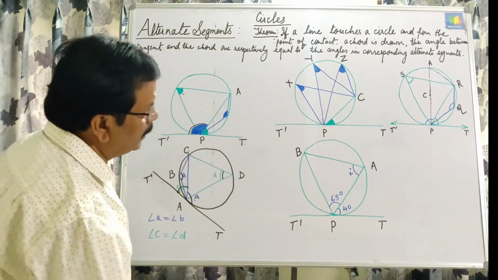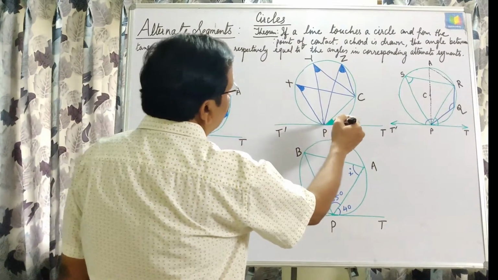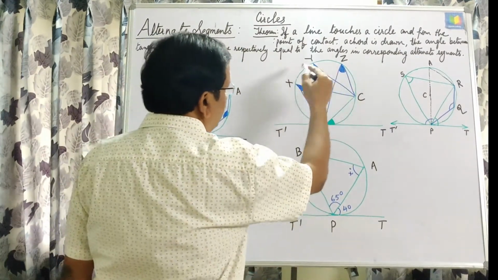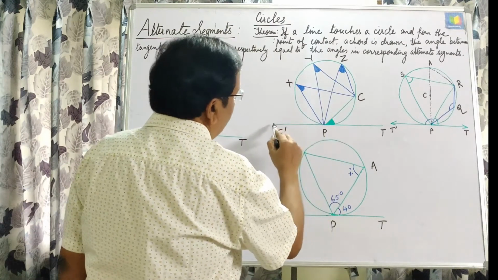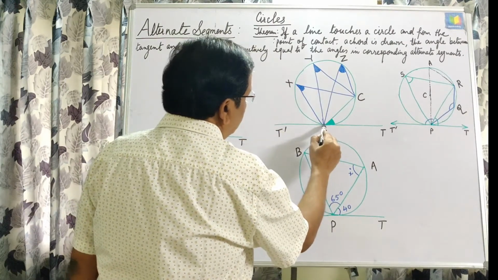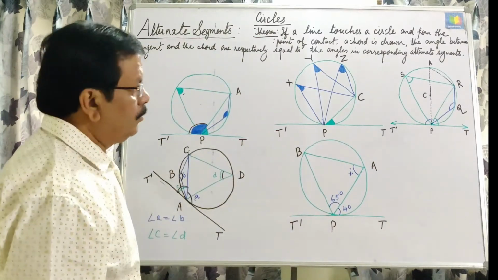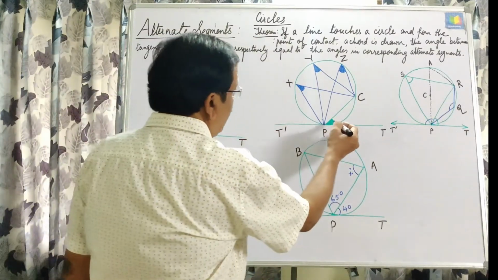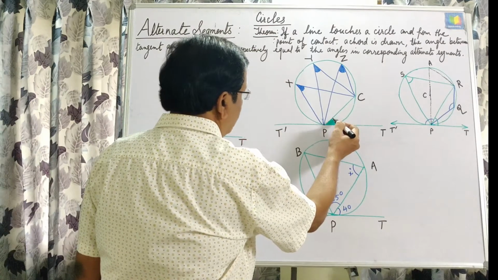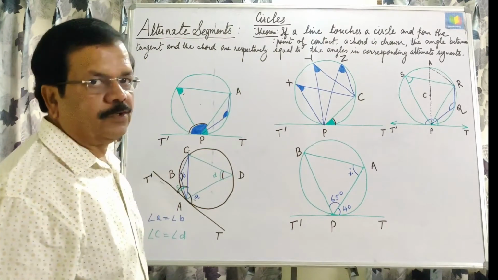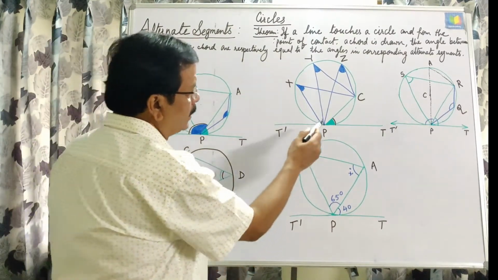Now here in this figure you can see, if you are taking CP as a chord which divides the circle into two segments, and the tangent at point P is T dash P T. Then this angle, whatever this chord is making with the tangent, is equal to the angle in the alternate segment.